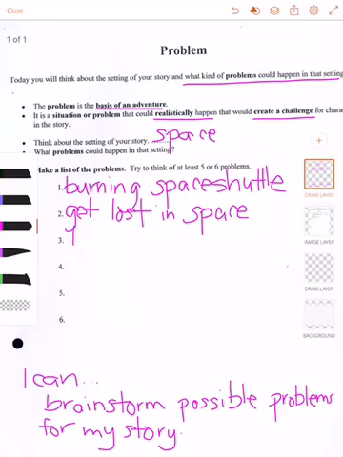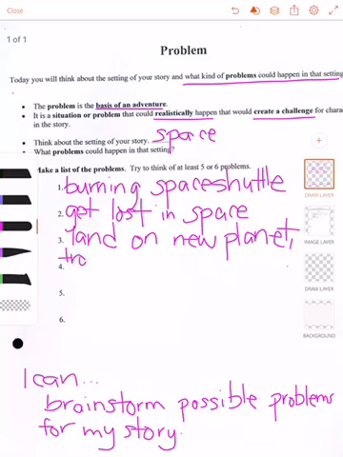So I can say land on new planet, comma, trying to kill humans. Trying to kill the characters, which would be the humans. So whoever these inhabitants are, they are trying to kill us.